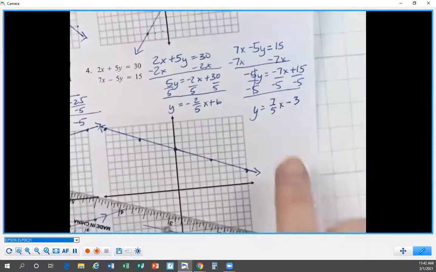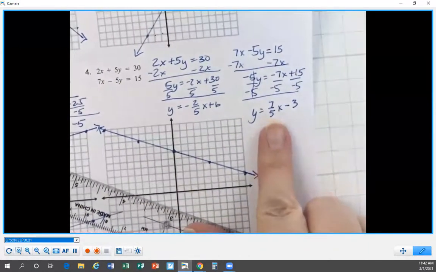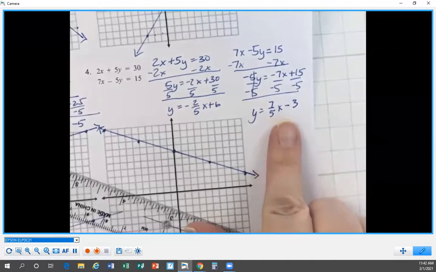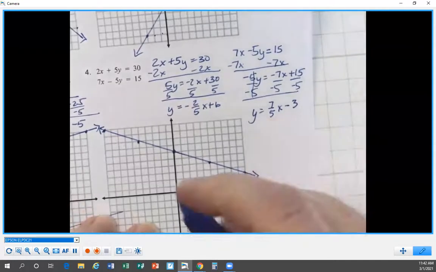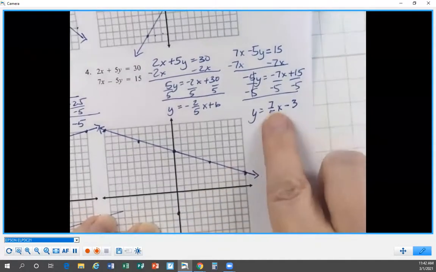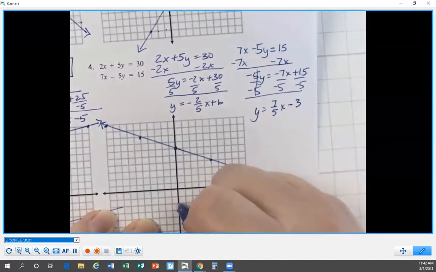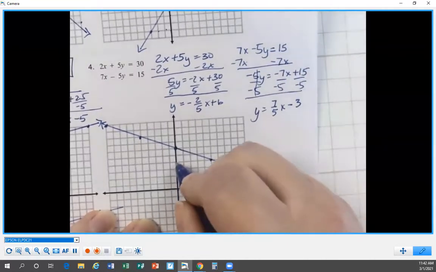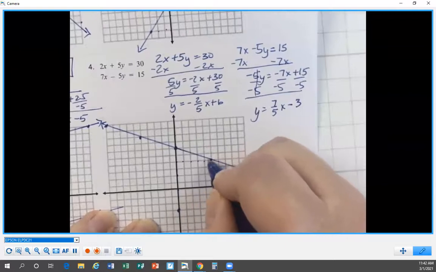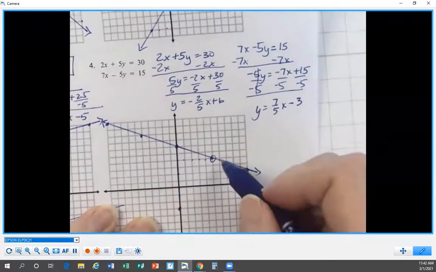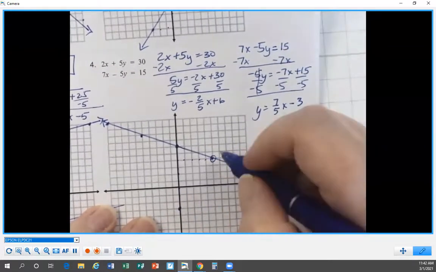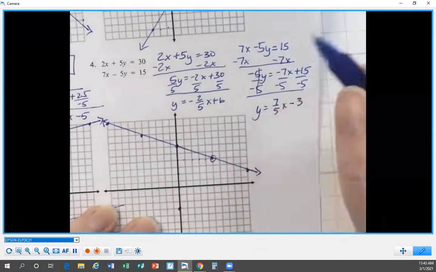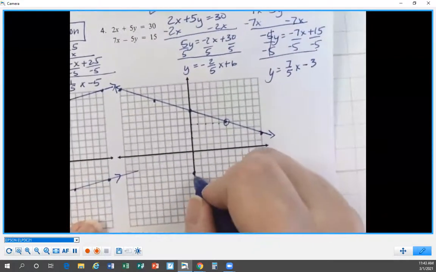Then our second line is y equals 7/5 x minus 3. So we have a y-intercept of negative 3 and a slope of positive 7/5. We see our point of intersection there. We'll go off the chart at that point, so we can go down 7.